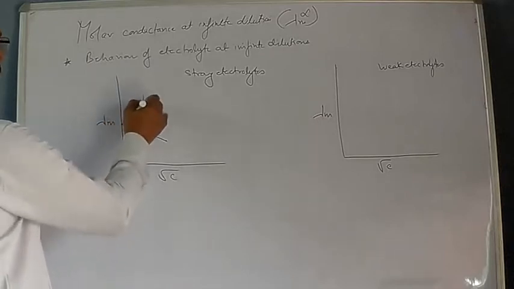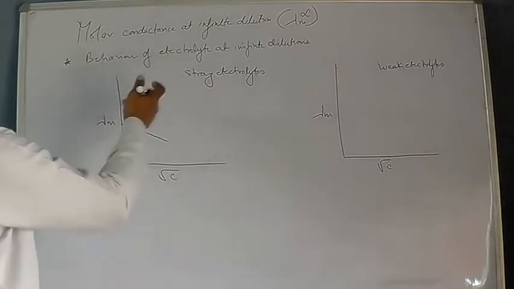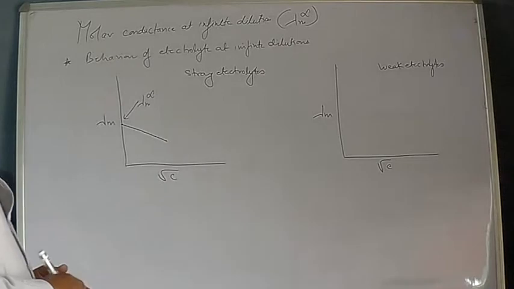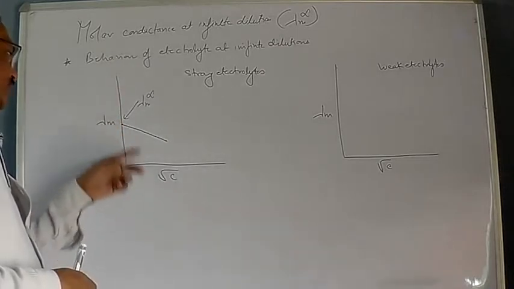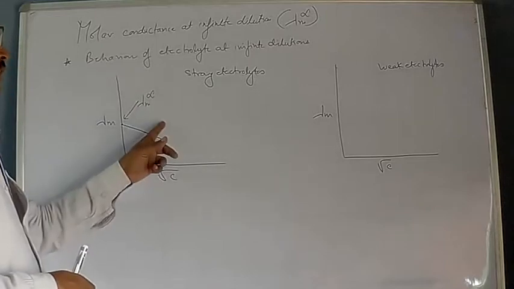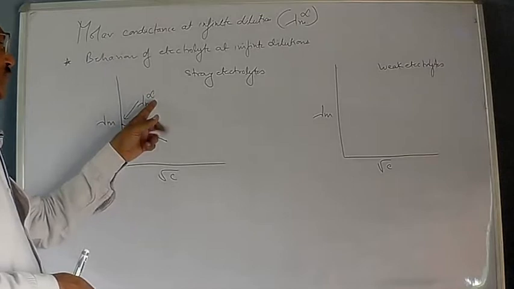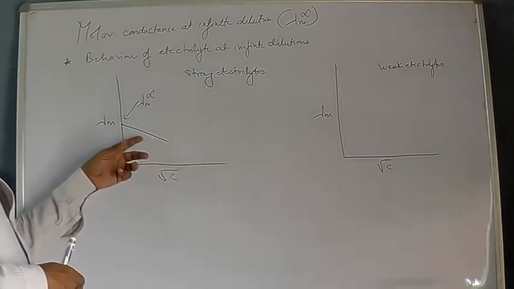So this indicates the molar conductance of a strong electrolyte at infinite dilution. So class, with the help of this curve, we can very well calculate molar conductance at infinite dilution for strong electrolytes, because the curve can be extrapolated.